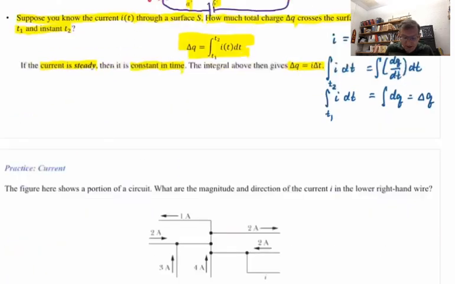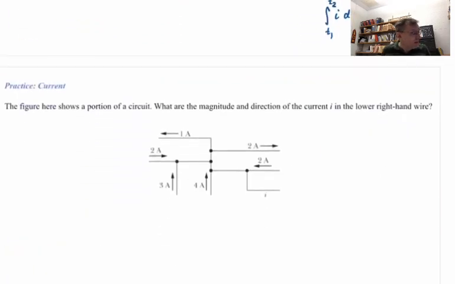Let's do a little quick practice. Using the concept of electric current, here is what looks like maybe a weird connection of conducting wires. And we're not seeing all of the parts of the circuit, just a certain area.